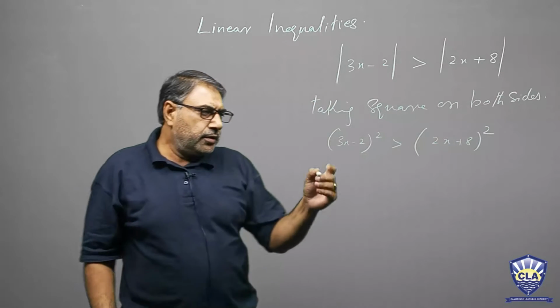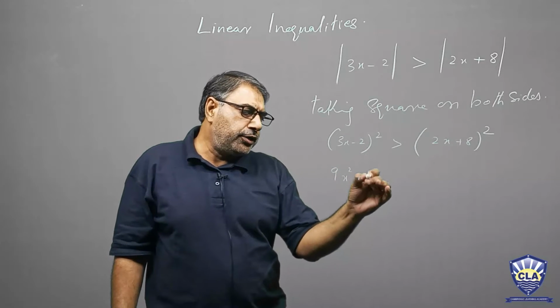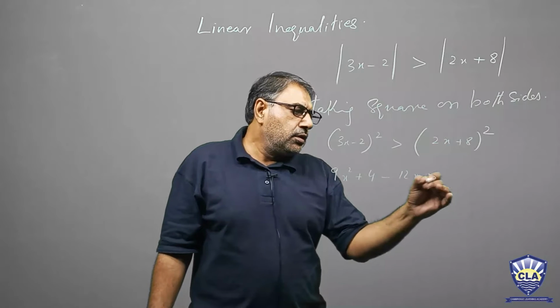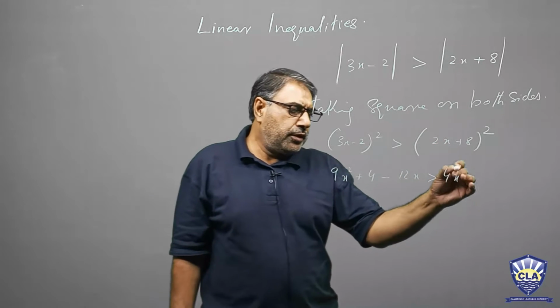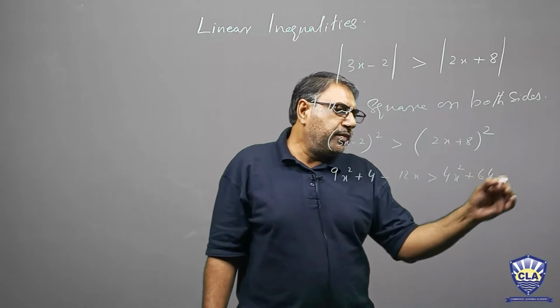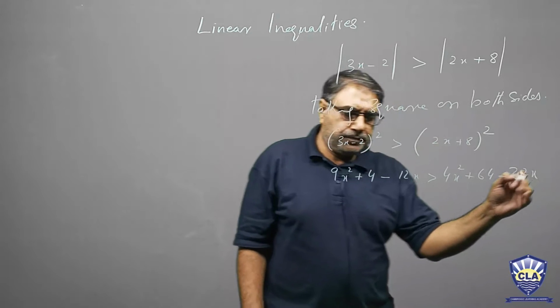Now open the brackets. 9x² minus 12x using the identity, minus 4x² plus 64 minus 32x.